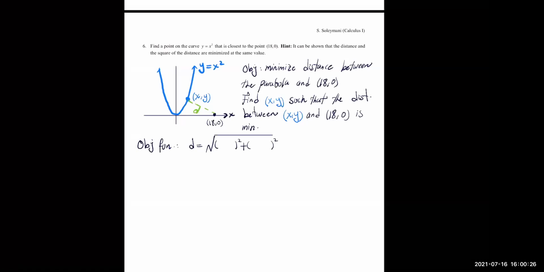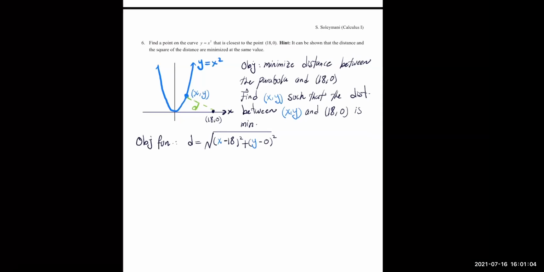What goes in those parentheses is the difference between x's and the difference between y's. Remember, it's x2 minus x1. Basically, just find the difference between the x coordinates. That will be x minus 18. And then the other square is the difference between the y coordinates. It's y2 minus y1, or just y minus 0 in this case. Okay, the distance formula.